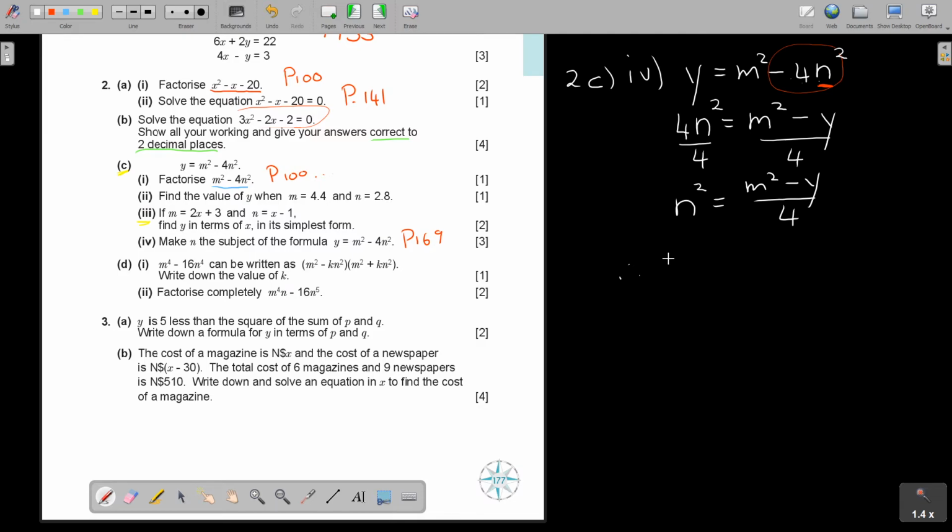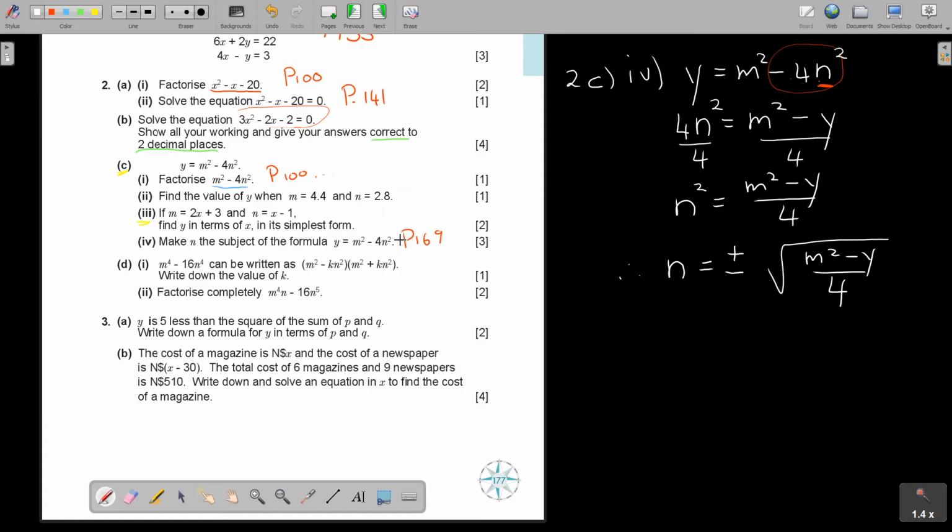And don't forget plus minus. Then it will be the square root of m squared minus y over 4. It's just in practical sums that the negative can disappear. But if it's not, it's just simple changing subject of the formula, then make it plus minus. Okay, so sorry, please check that you copy it correctly.